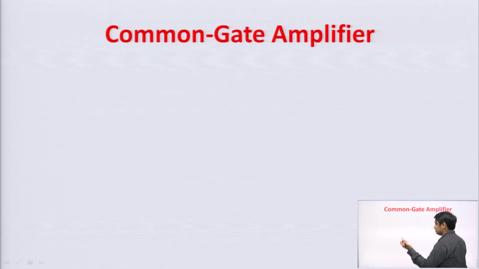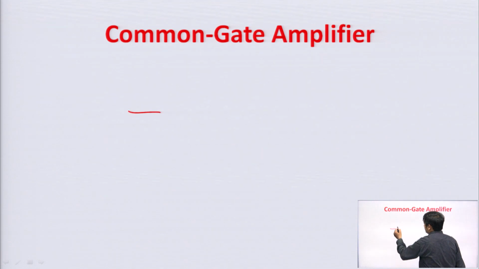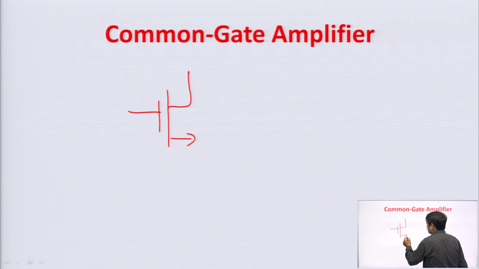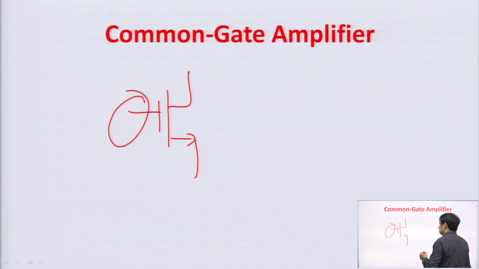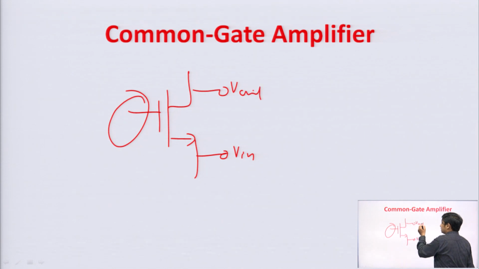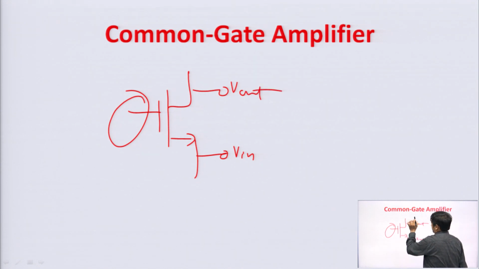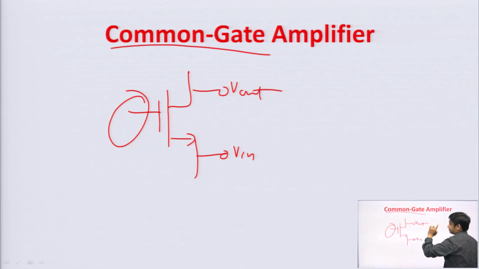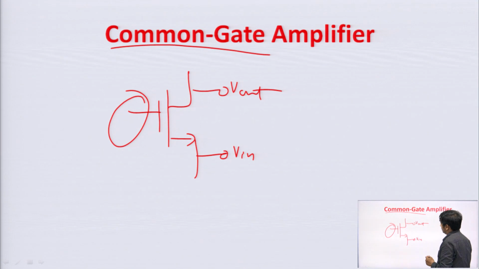Next is common gate. In BJT it was common base. In common gate, your gate terminal is common, we apply the input signal at the source terminal and we take the output from the drain terminal. The common gate is used as a current buffer because the current gain of common gate is 1, and this common gate amplifier is used for high frequency applications like common base amplifier.